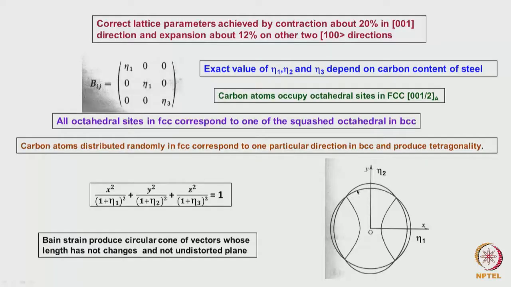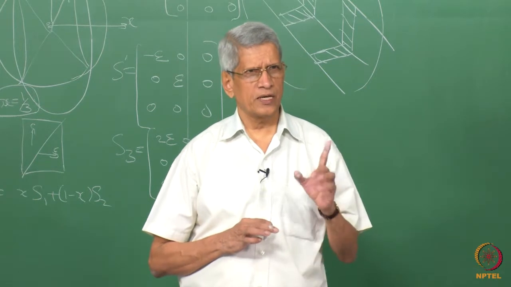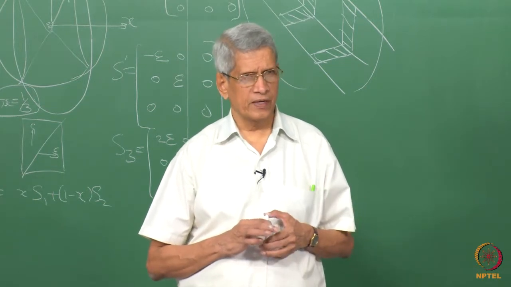So essentially, as I mentioned, when a sphere and an ellipsoid intersect, what we get is only a vector which is unrotated and undistorted, correct.